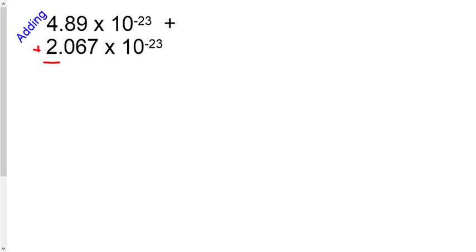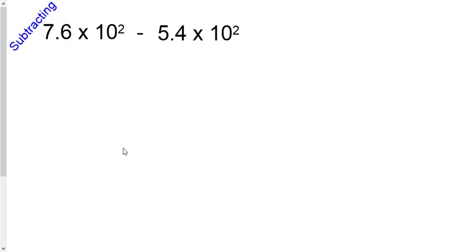If there's more decimals, all you have to do is add a 0, just like you were always taught before. 0 plus 7 is 7. 9 plus 6 is 15. Carry the 1. 1 plus 8 is 9. And now we've got 4 plus 2 is 6. Keep the exact same exponent on the power of 10 there. So 6.957 times 10 to the negative 23rd power is the answer.